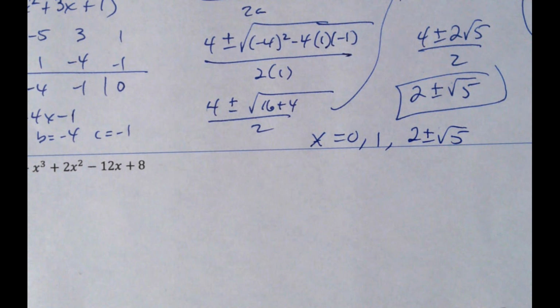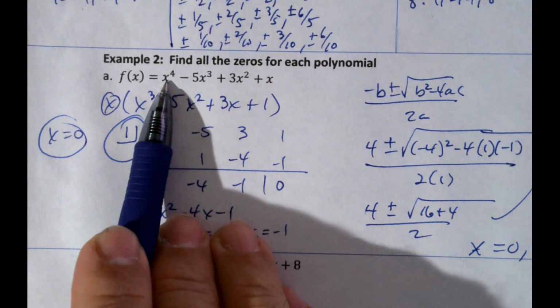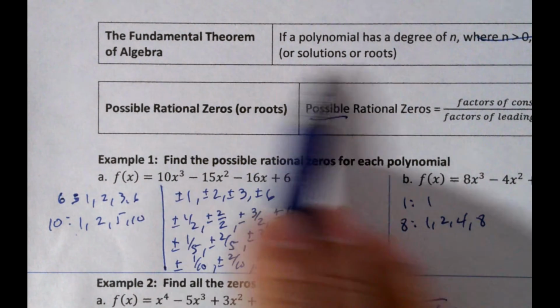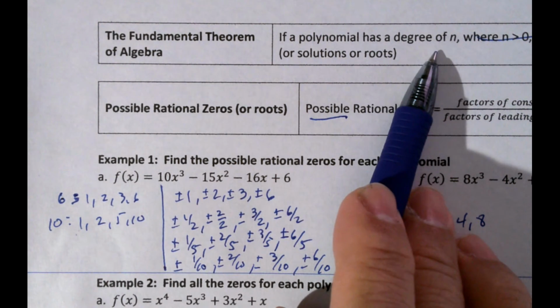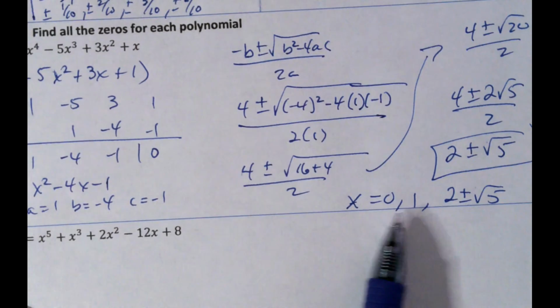Those are our 4 answers. 1, 2, and that plus or minus counts twice. So that's 4 answers. And we were expecting 4 answers because the degree is 4 by the fundamental theorem of algebra. If a polynomial has a degree n, in our example, our degree is 4, so we're expecting 4 answers.